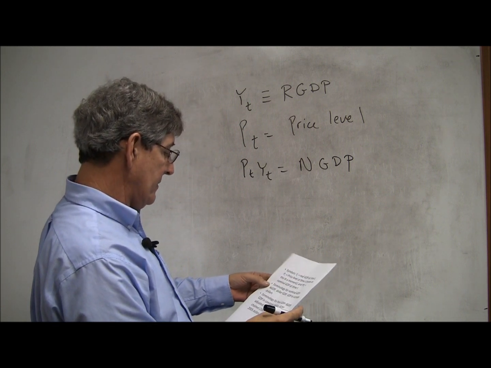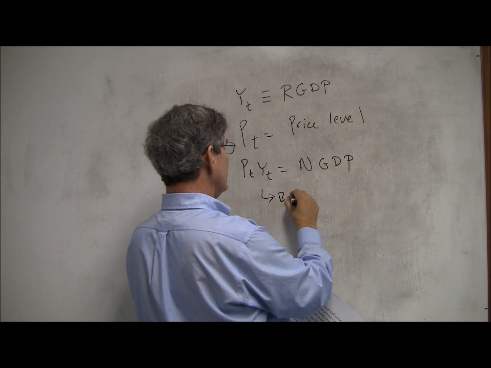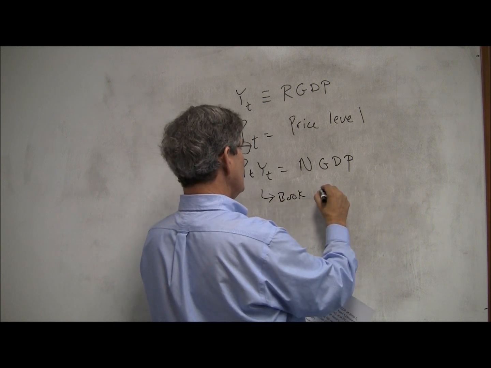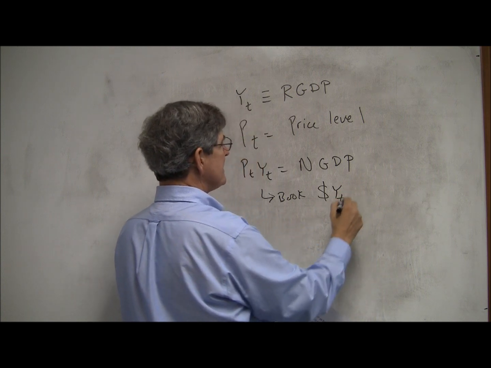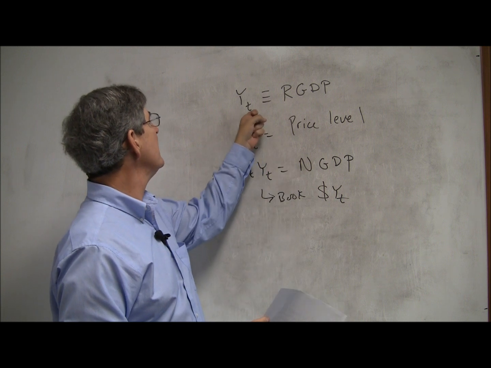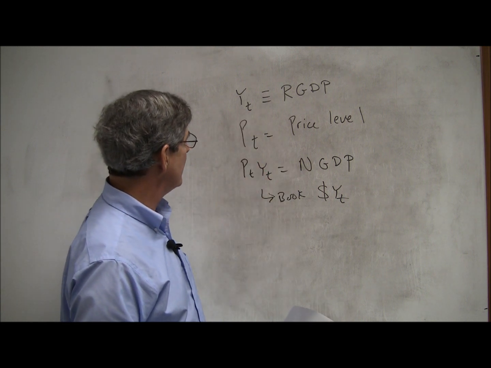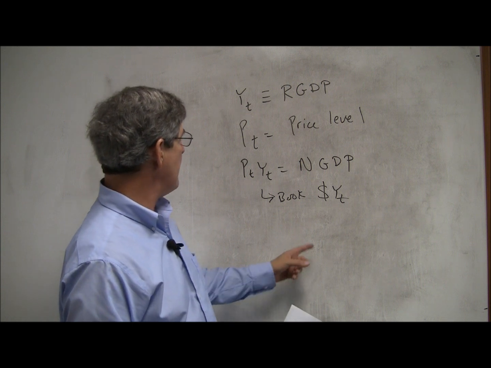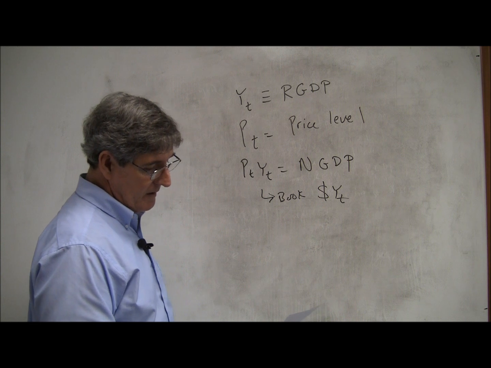Now, some terminology: the book also uses dollar YT, and I don't like the notation much, to emphasize that this is just the dollar value of GDP. It's not the real value. It's nominal, the amount you actually spend out there. So the book will use dollar YT as nominal GDP.